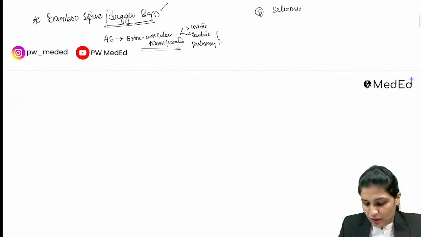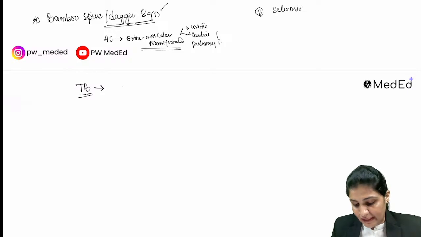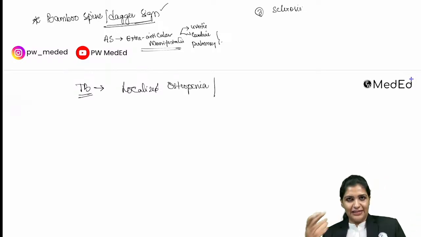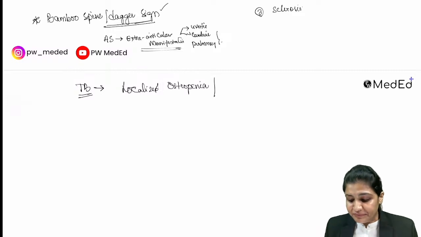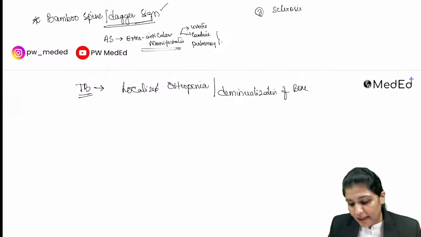And then coming to tuberculosis. How do you diagnose tuberculosis? Mainly what you see is a localized osteopenia. This is the first thing which you see on the x-ray. Then there will be demineralization of the bone, and mainly there is bone destruction.